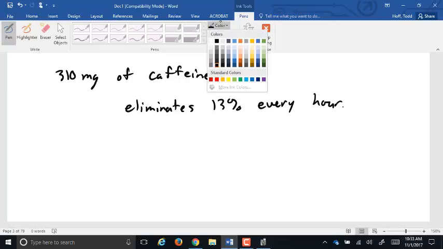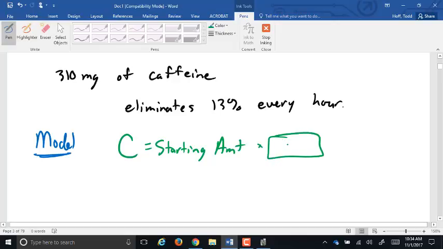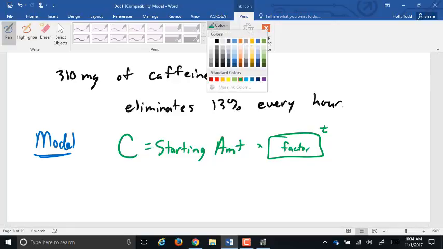So we want to first create a model for this. And if you remember, our model was some amount, so we're just going to use big C for caffeine in the bloodstream, is equal to some initial amount, some starting amount, times a factor, and then that was to some power that was related to time or whatever our other variable was.